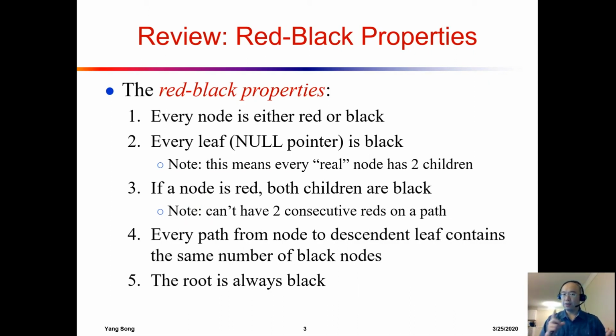Okay, you may ask, how about a red node that doesn't have any children? The answer is it's not possible. Well, property number 2 says all the null pointers are black, right?